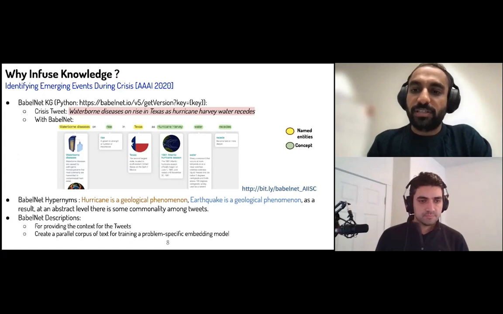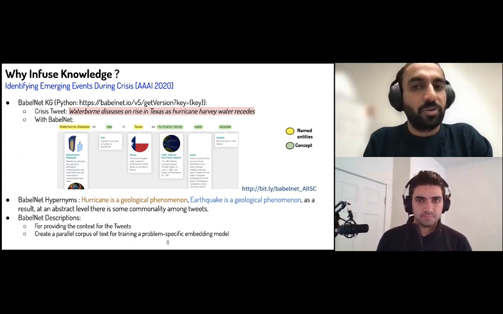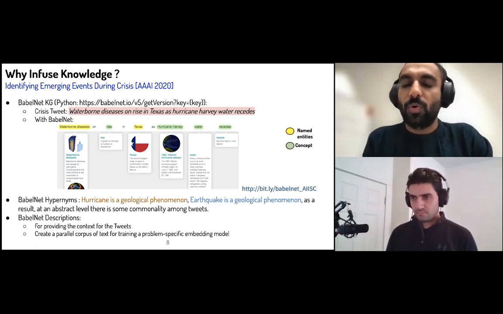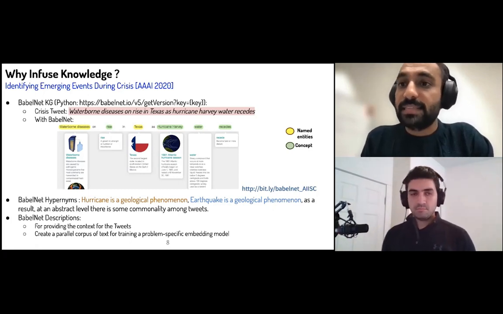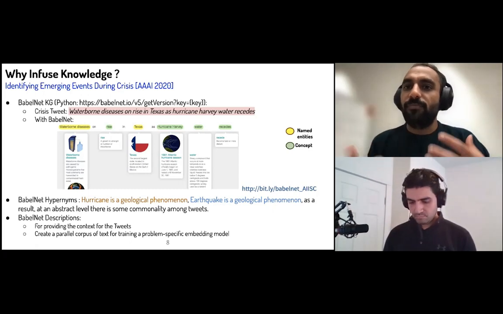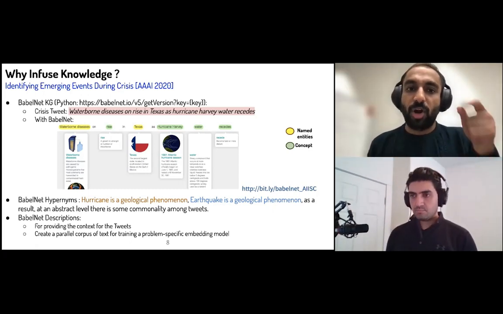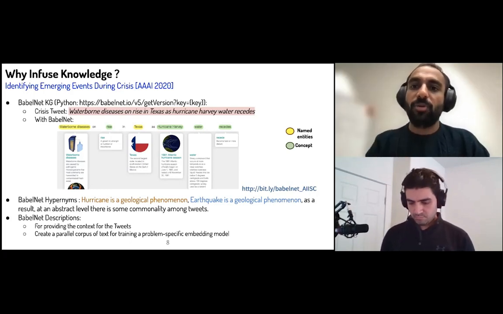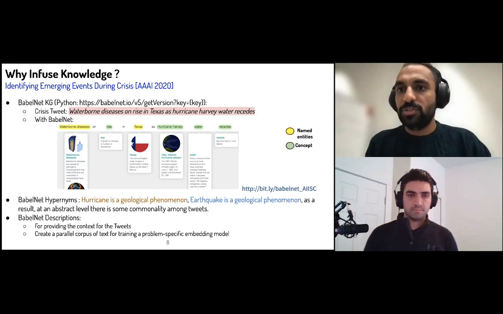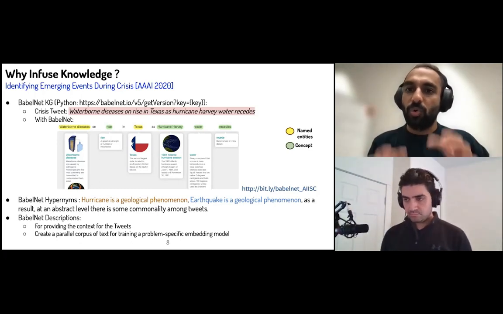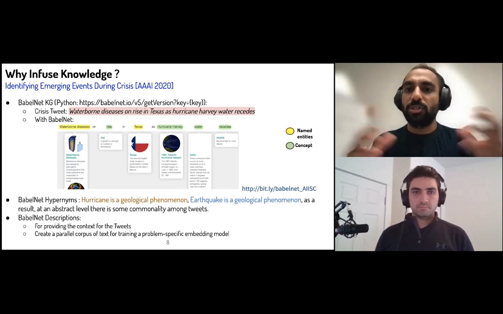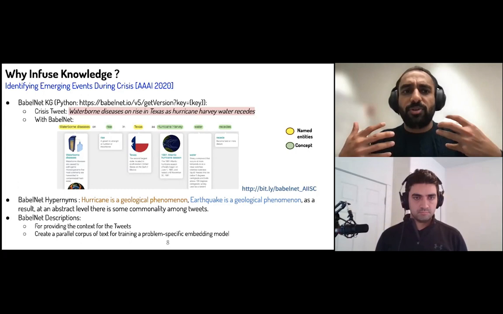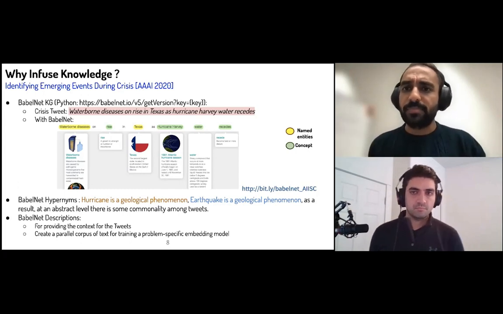Great. And for this, I used BabelNet. You can actually use any form of knowledge graph. The reason for using BabelNet is only to gather senses. That means I not only focus on the term waterborne diseases in the context of hurricane, I'm talking about waterborne diseases in general as well. So that the model knows that I should not only be focusing on the hurricane, but also on waterborne disease in other contexts, right? Because crisis tweets come in various contexts.